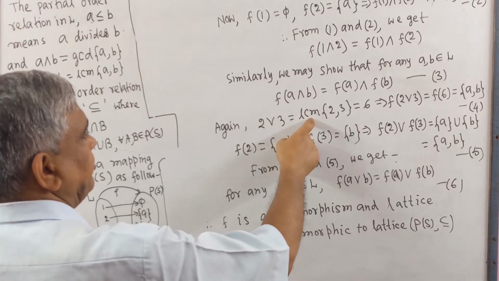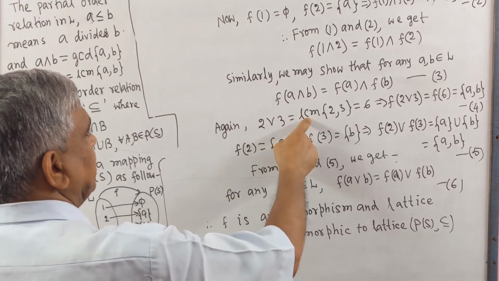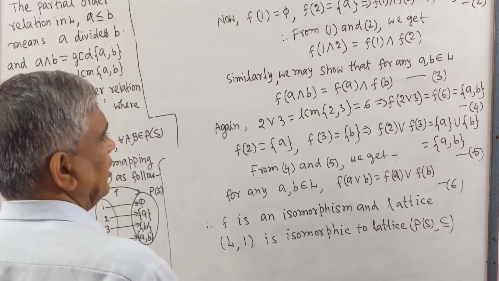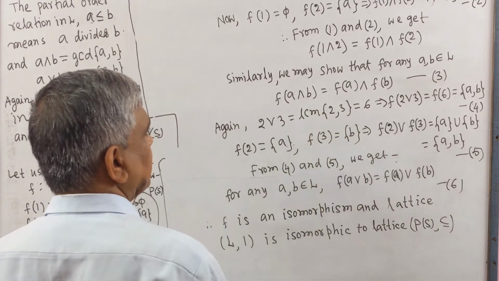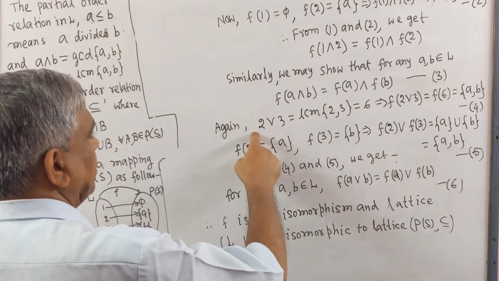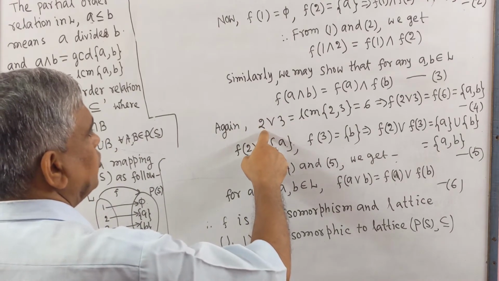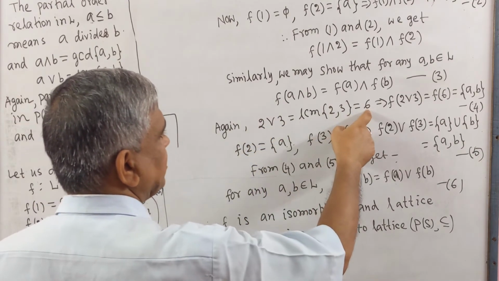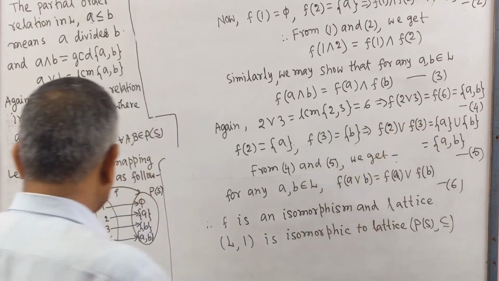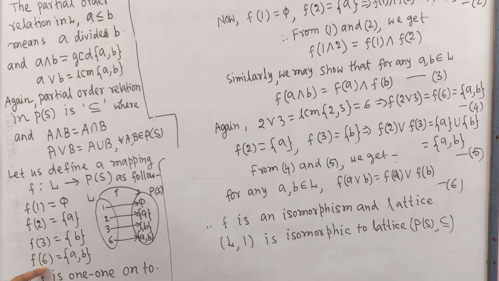Again, 2 join 3. Join means LCM. So LCM of 2 and 3 is 6. Now take f(2 join 3) equals f(6). Here f(6) is the set containing elements a and b.